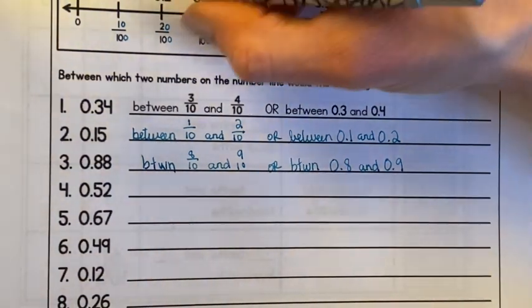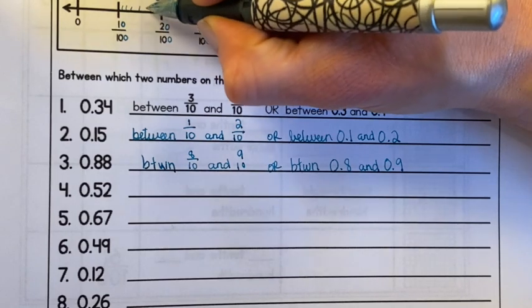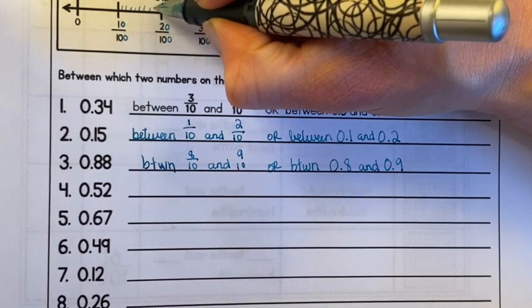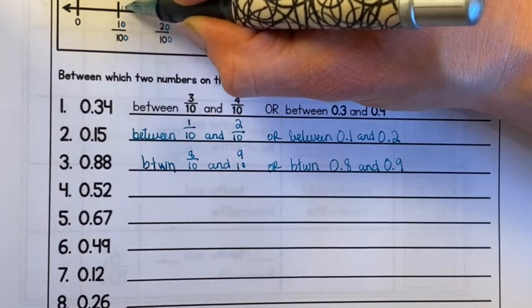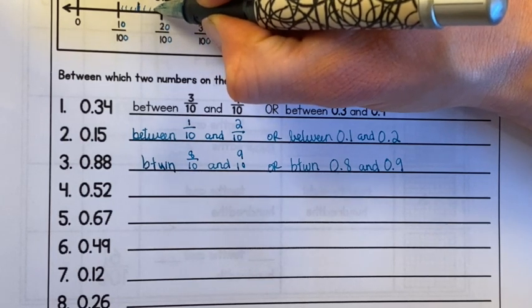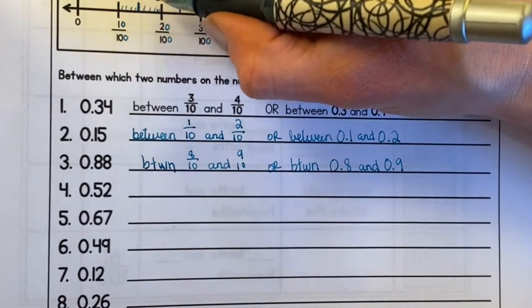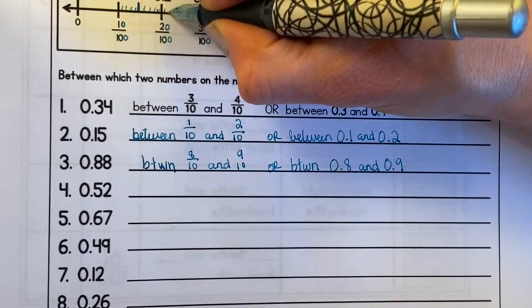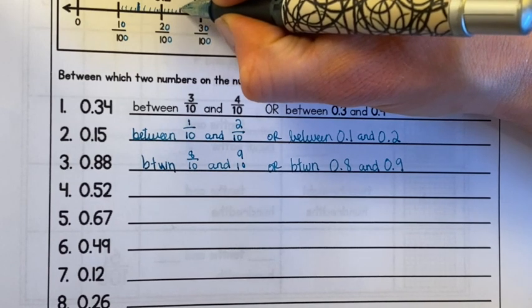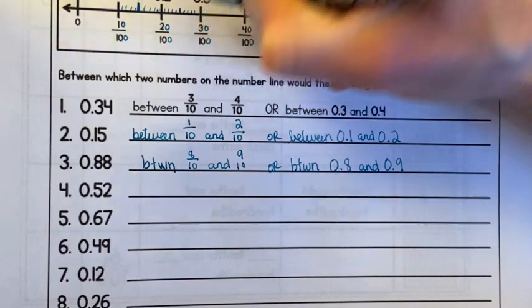So in between 0.1 and 0.2, one, two, three, four, 5, 6, 7, 8, 9, 10. Okay, I'm just going to do this real quick. 1, 2, 3, 4, 5, 6, 7, 8, 9, 10.